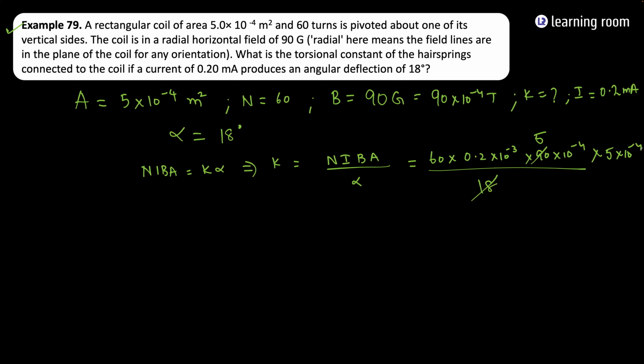So let's calculate. 5 into 0.2 is 1. So 1 into 5 is 5. So 5 into 60 is going to be 300 into 10 power minus 11. Right? 300 into 10 power minus 11.